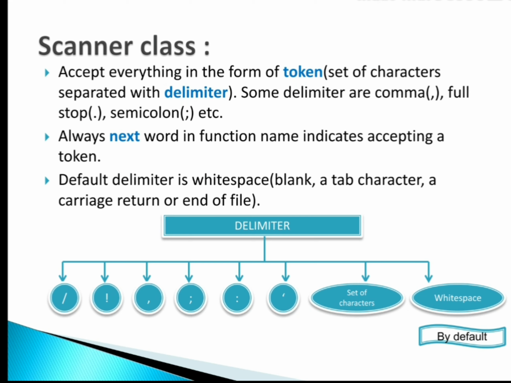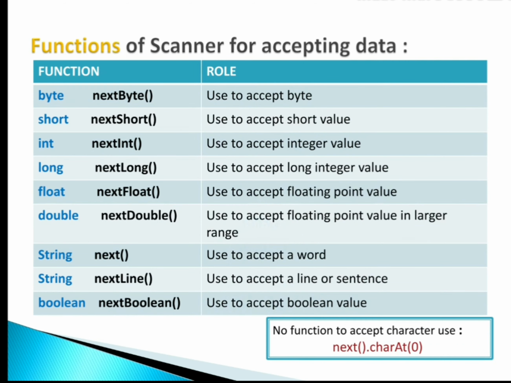By default the delimiter is space. And if we are dealing with a file, then the delimiter may be a carriage return or end of file. These kinds of things are present in a file. And these are a few functions which are present in Scanner for accepting data.